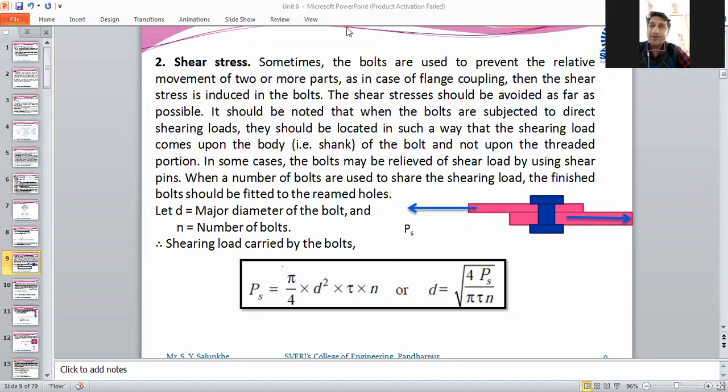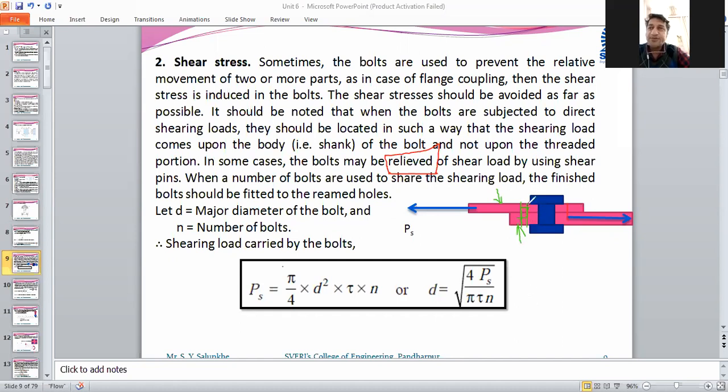That means relief is provided for the nut and bolt, or for the fastener, by providing some pins in between the two flanges, where the shear stress will be taken by these pins, known as shear pins. The fastener is used here, but these pins take the shear load, not the axial load which is coming on the flange.